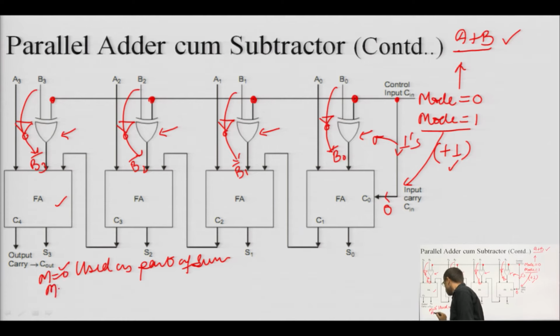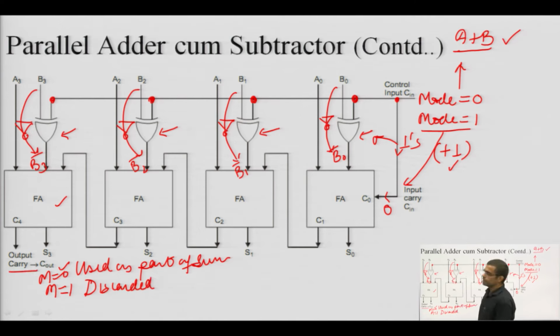When mode is equal to 1, that means we are performing subtraction, then this carry will be discarded. So, this is your 4-bit parallel adder cum subtractor.